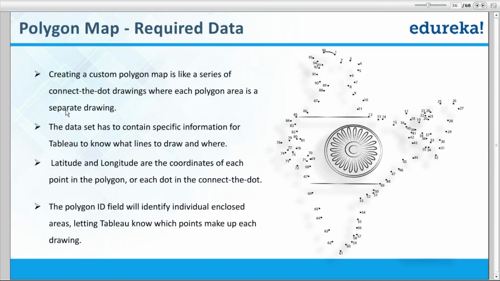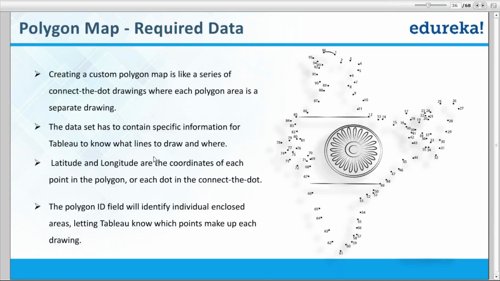Creating a custom polygon map is something like connecting a series of dots like this. Where each and every area is like a dot drawing, you just have the axis set and you will be able to get the map right there. So what information do we need to give Tableau to tell it we need a map like this?